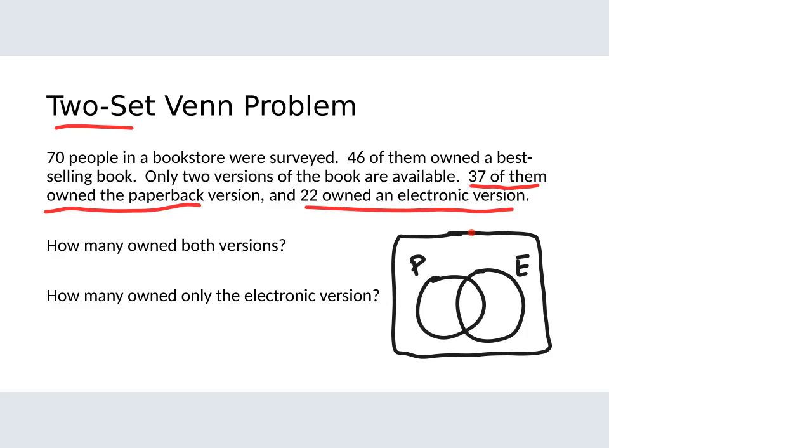Nowhere does this one say how many people own the paperback and the electronic. That's what makes this one a little challenging. We'll only do this with 2-set diagrams, but let's talk through it. I'm told that 37 people own the paperback and 22 own the electronic.